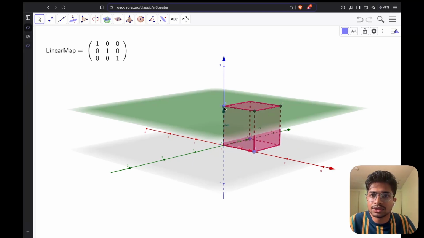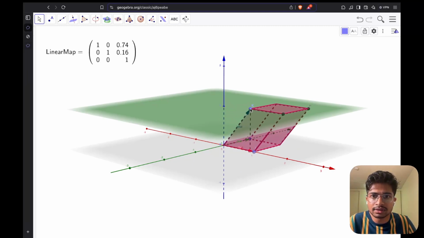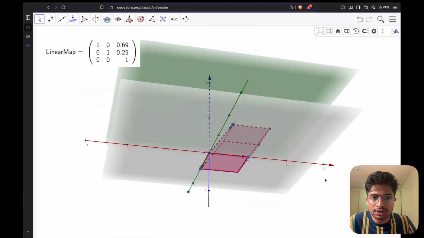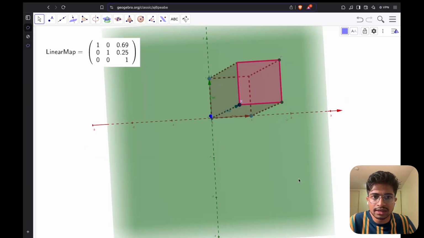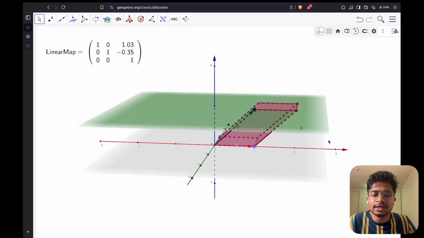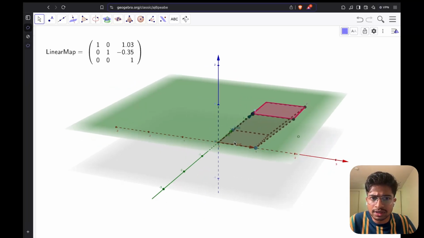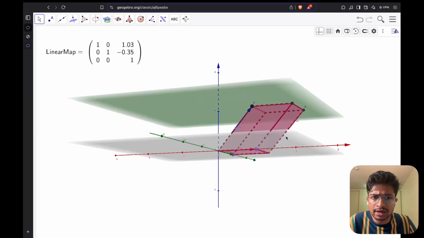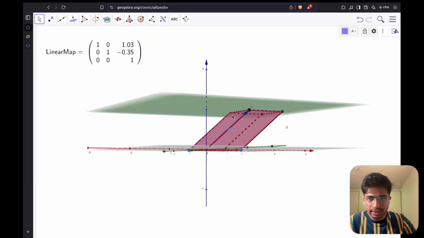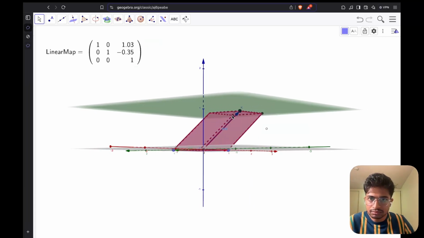But when we change this z point in such a way that the top face of the cube seems to be translated in this particular plane, basically what we are seeing here is that by doing some sort of linear transformation in 3D space, we are getting an effective translation in 2D space. So that is how we are denoting the matrix.